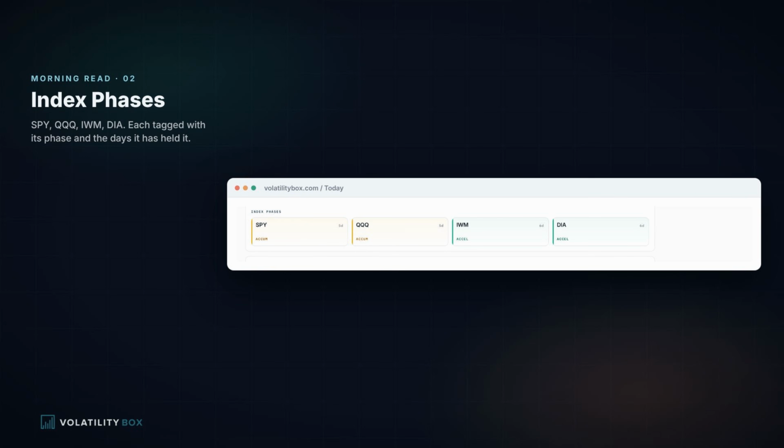Below that, you'll find the 4 index markets. This includes SPY, QQQ, DIA, and IWM, and each one will be tagged with its market stage and how many days it's held that market stage. If we take a look at what we're seeing today, the big index markets are still in a market stage of accumulation while the small caps and the Dow have pushed into acceleration.